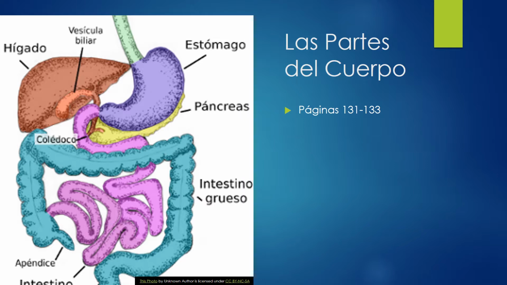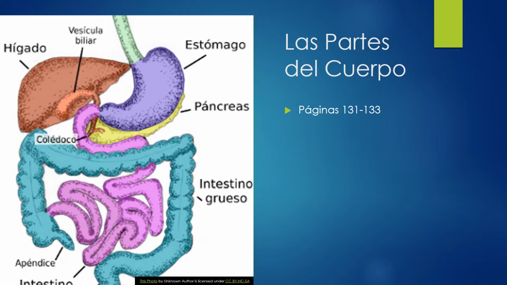Here are some internal parts of your body. You can take a look at that chart. We're not going to get into too much detail, but again, if you want to look at your textbook on pages 131 to 133, there's a ton of vocab. If I were you, depending on what field of medicine you're going to get in, I would try and focus on the parts of the body that you think will be the most useful to you.